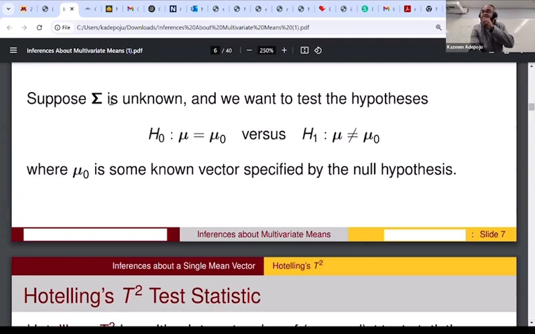The covariance matrix will replace sigma squared. Does that make sense? Now my hypothesis formulation is not just a mean for one variable. That's a mean vector. Is there any question on that?